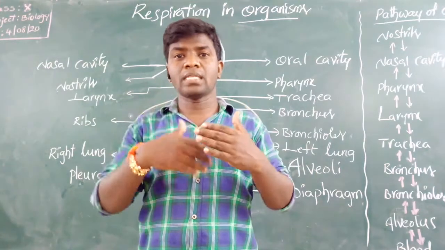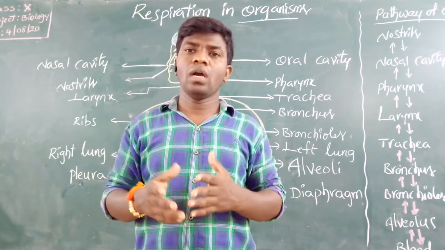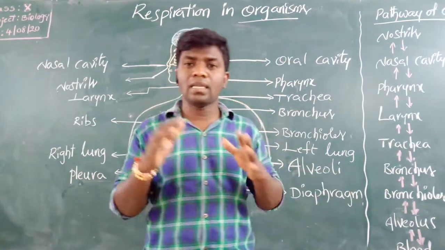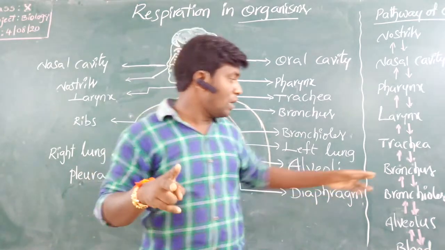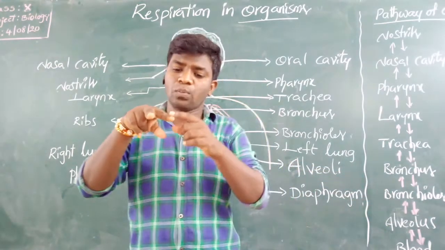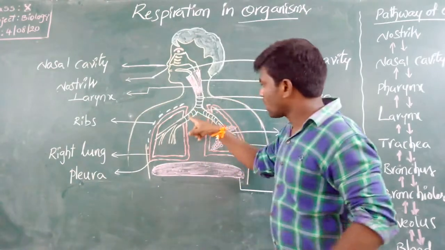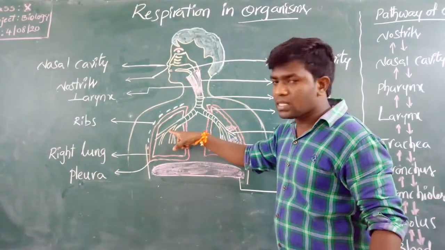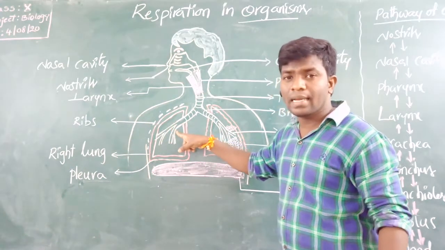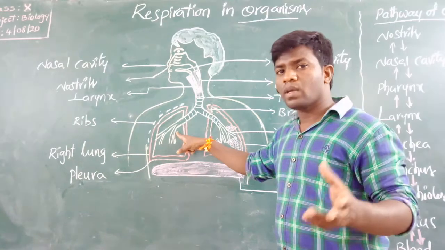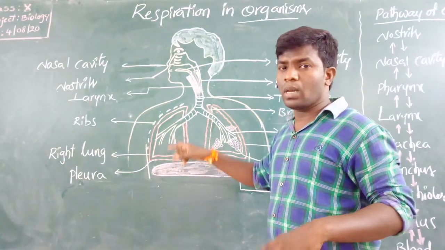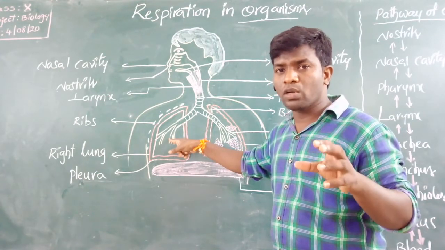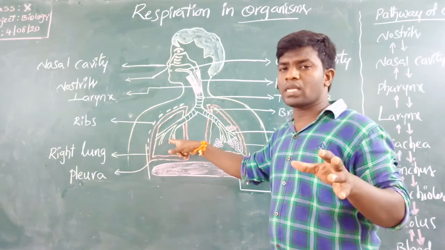It branches again and again into thousands of smaller and smaller branches. Each bronchus is divided into a number of branches, and these branches are called bronchioles. What are these? Bronchioles. Have you understood?